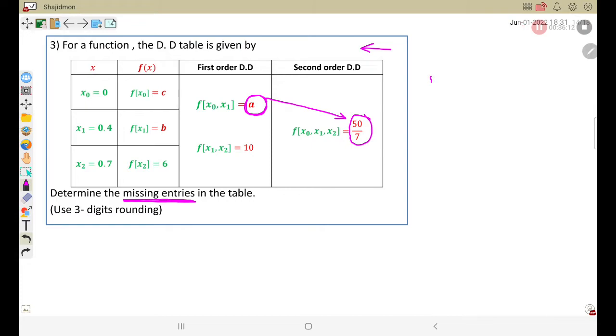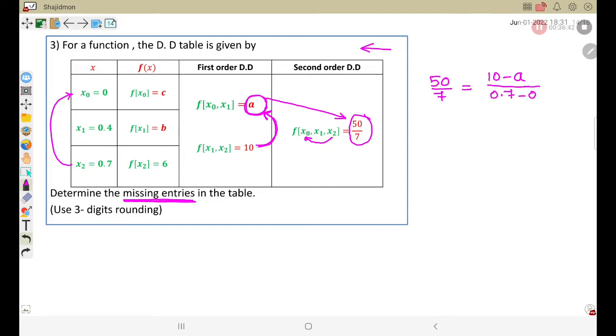You know how to calculate 50 over 7. What do we do for getting 50 over 7? Just subtract this number minus this number, correct? You remember that logic: 10 minus a, divided by x2 minus x0, this last number minus first number. So 0.7 minus 0.